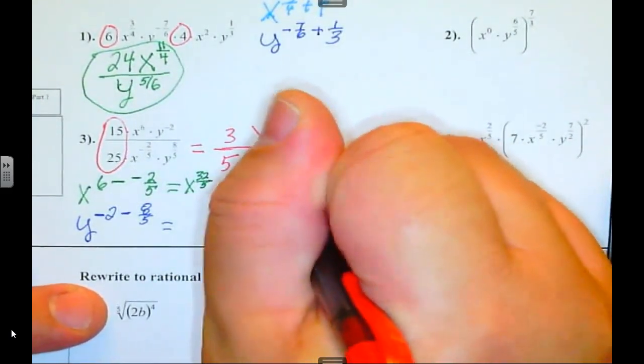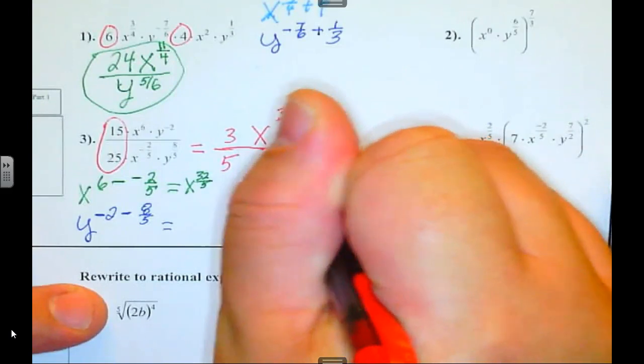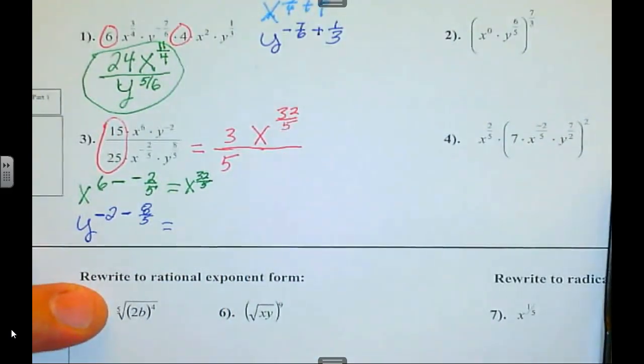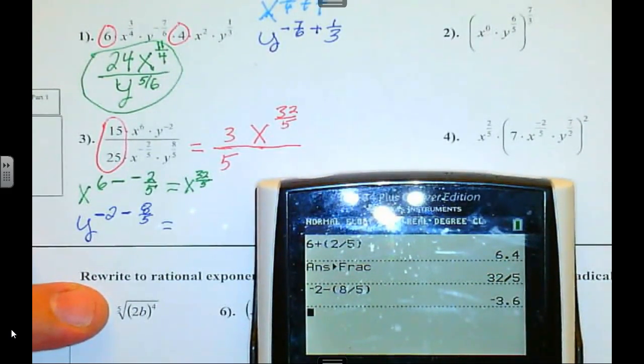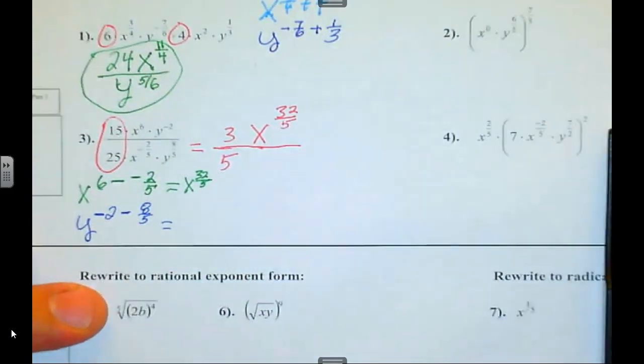Top. Okay, y. Negative 2 minus 8/5. Hit enter. Math, enter, enter. I get negative 18/5. Has to go on the bottom.